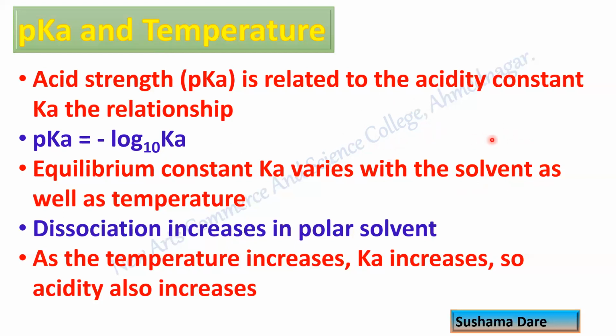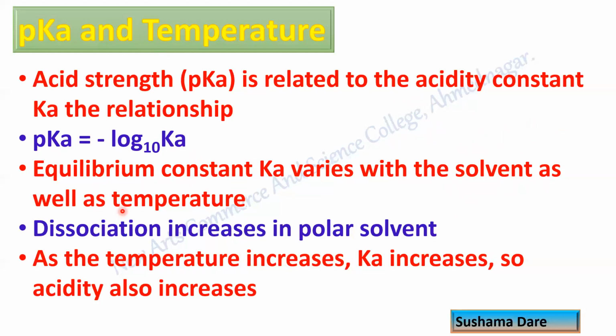Rate of dissociation increases means the pK value decreases. pK value decreases means it has to be a strong acid. So solvent plays a major role on the acidity. If we take a non-polar solvent, such type of solvation is not possible. Hence, in a non-polar solvent, the acidity also decreases.